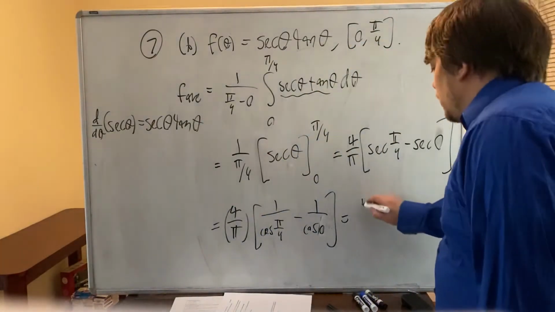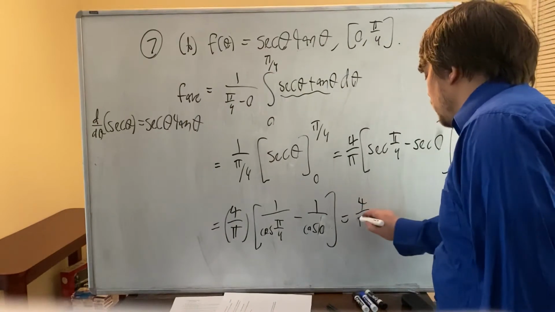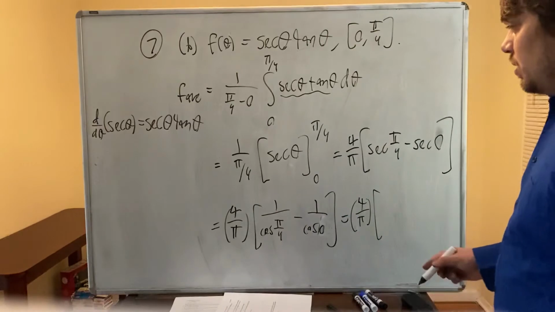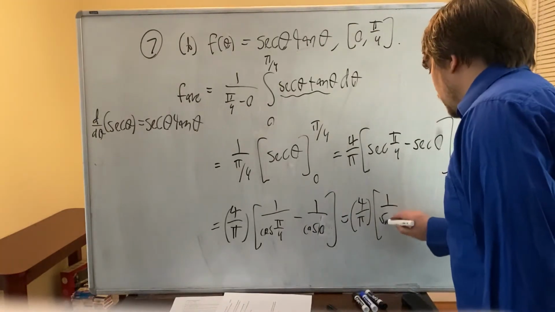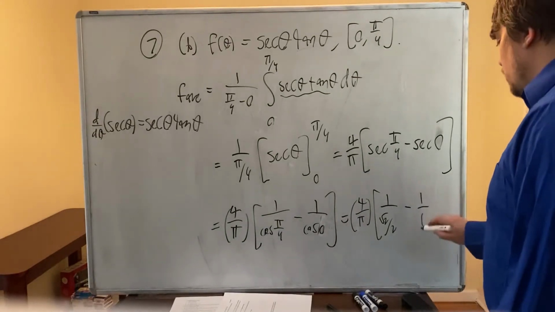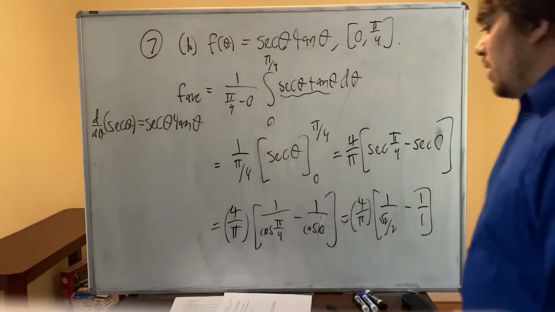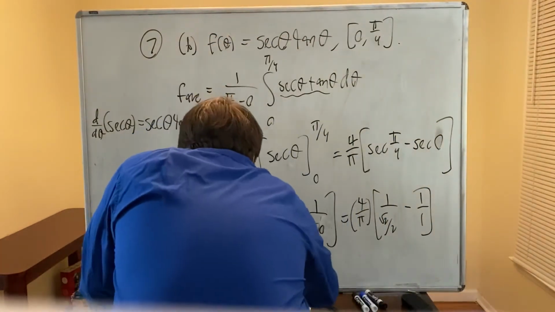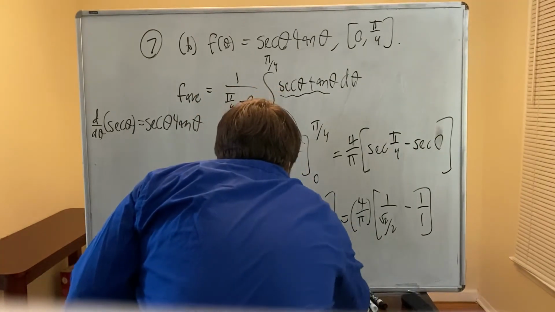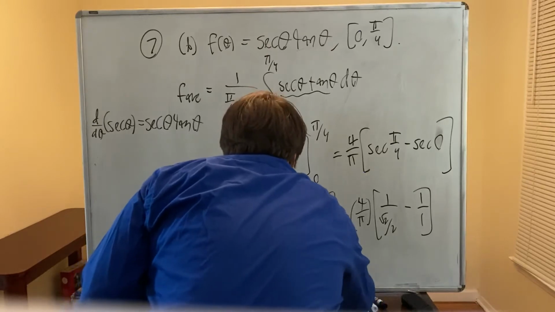And so that's equal to 4 over pi times 1 over cosine of pi over 4, which is 1 over root 2 over 2, minus 1 over cosine of 0, which is minus 1 over 1. Okay, and so that's equal to 4 over pi times 2 over root 2 minus 1.